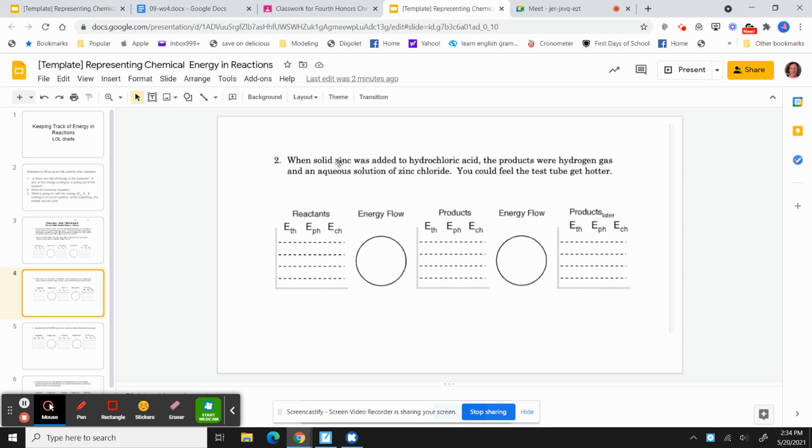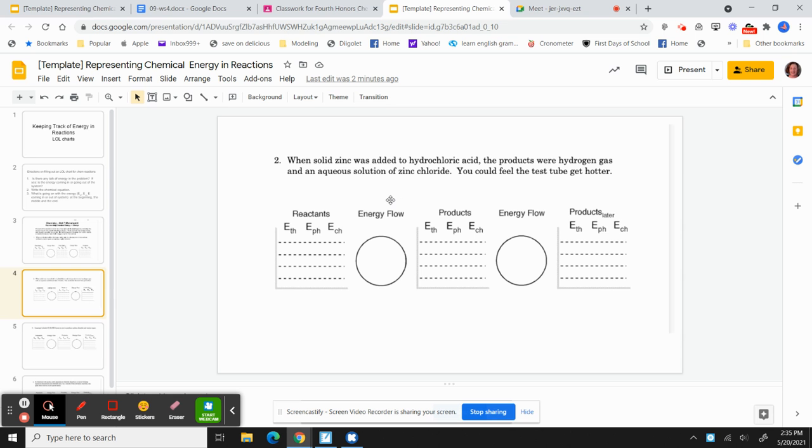They said when solid zinc is added to hydrochloric acid, the products are hydrogen and zinc chloride. You could feel the test tube get hotter, okay? All right, so when I see the test tube gets hotter, oh boy, that says to me we got energy in this experiment other than the ones that we have, just the thermal energy and the chemical energy.